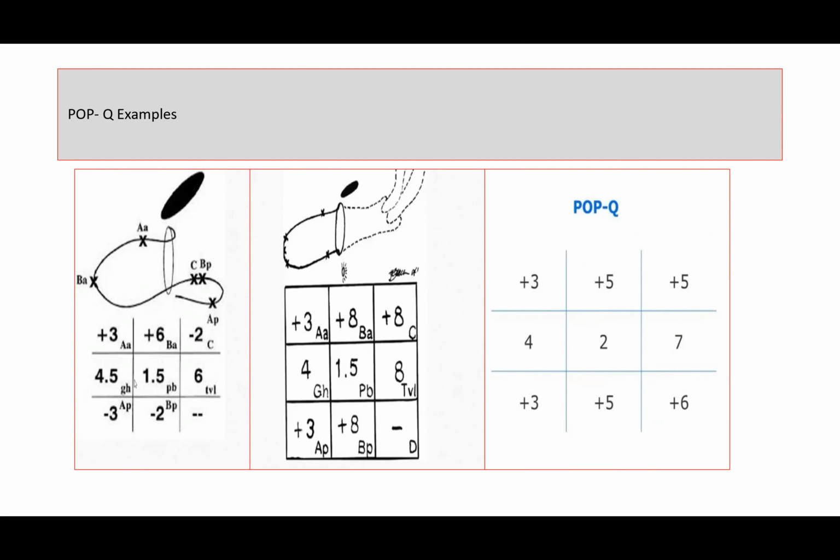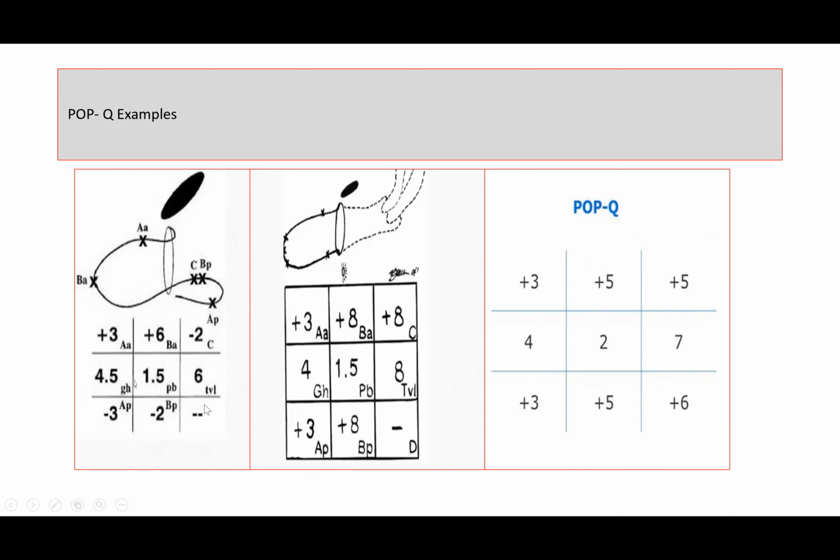Just again remember the stage of the prolapse. Is it stage 1 or stage 2? So we know that stage 1 is less than minus 1, isn't it? So this is less than minus 1. So this is stage 1 prolapse. Here also it is stage 1 prolapse.